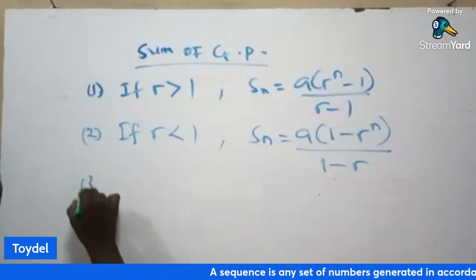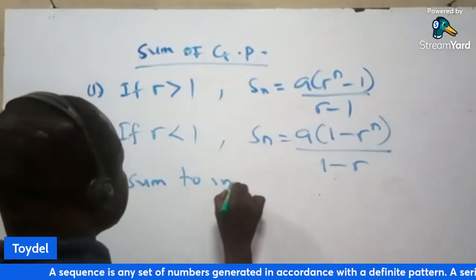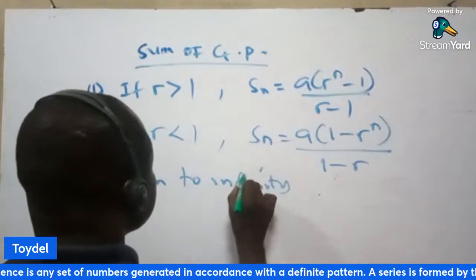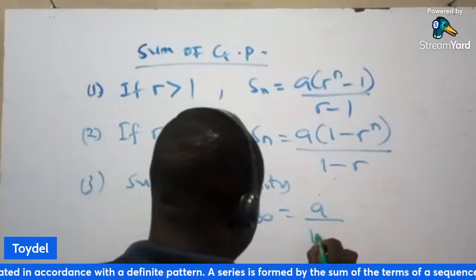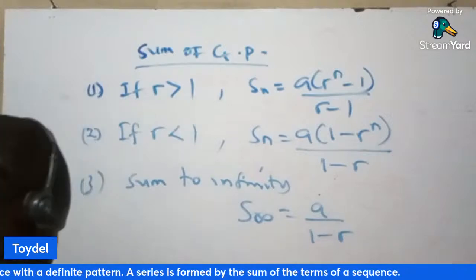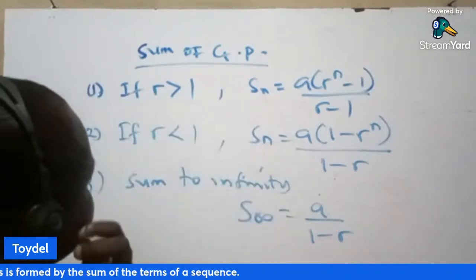Please, let's take note. Then if you have sum to infinity, the sum to infinity is given as a all over 1 minus r. So these are the three formulas that we use under sum of GP.